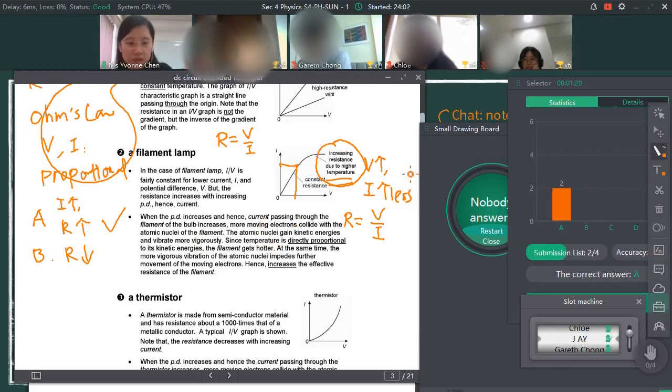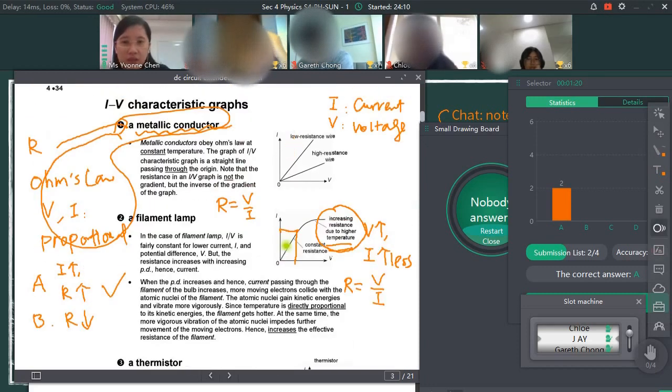Okay, one more. Let me talk about it one more time. The first part is a straight line, right? Same as the metallic conductor or metallic resistor. Straight line, basically R is constant, resistance is the same. Okay, let's look at this statement.